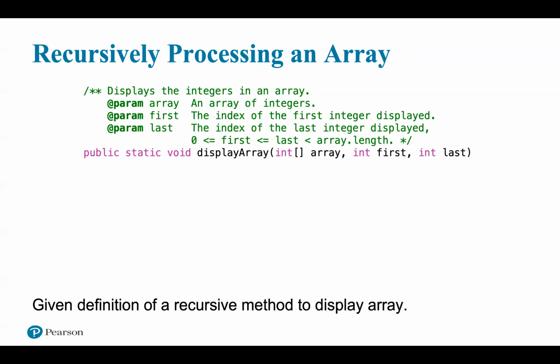In this section, we will process arrays recursively in ways that will be useful to us later. We have chosen a simple task, displaying the integers in an array, for our example so that you can focus on the recursion without the distraction of the task. You'll consider more complex tasks later in this book and in the exercises at the end of the chapter.